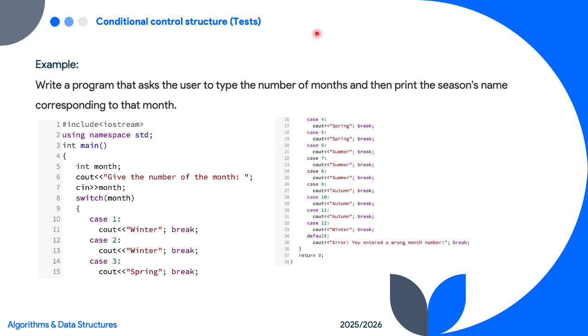We start by reading the value from the keyboard here, and then using switch month, we can test the 12 cases. Of course, we should have the default statement to handle wrong values. This structure keeps our code minimal, clear, and easy to understand compared to many nested if-else.